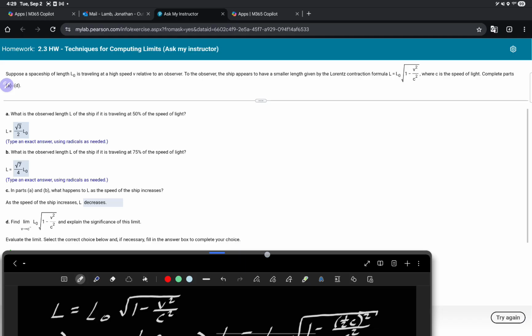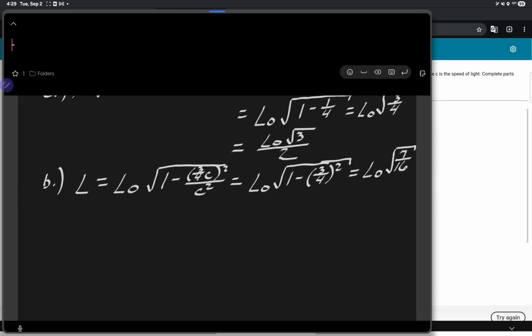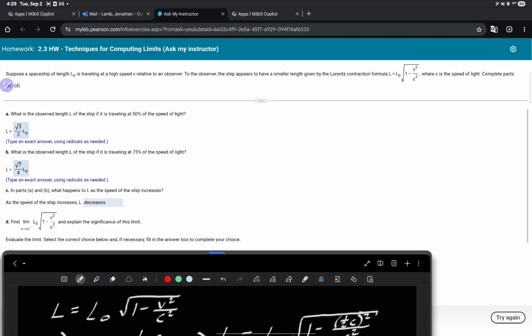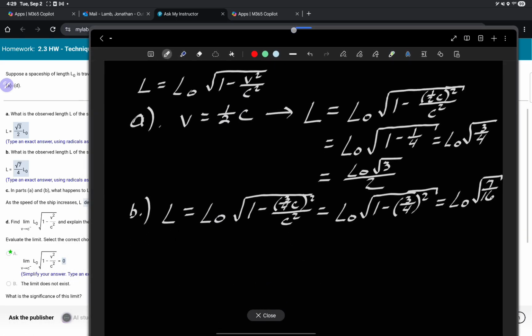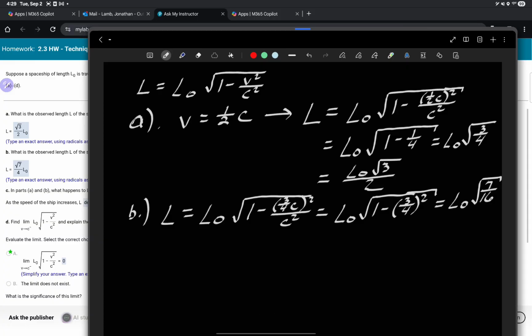Okay, so whenever we're thinking of that, the limit that they give us is the limit as V approaches C from the left. So for part D here, the limit as velocity approaches the speed of light from the left of this function, L sub 0 on the square root of 1 minus the velocity squared over the speed of light squared.